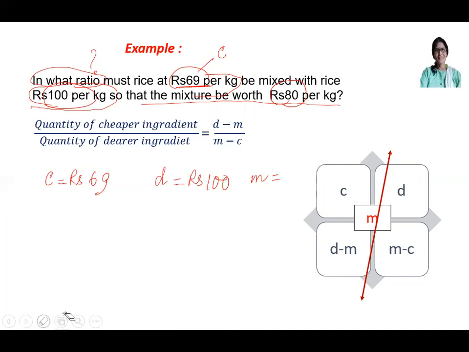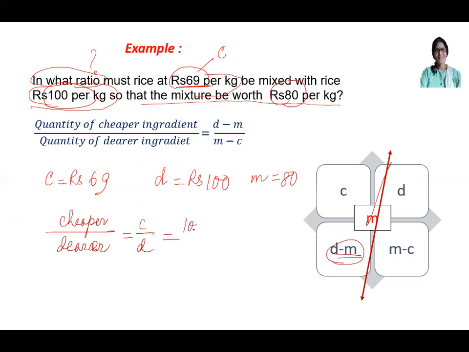I hope you can solve it within 1 minute now. So the ratio of cheaper upon dearer, C by D, is equal to D minus M upon M minus C. D is 100 minus M 80, upon 80 minus 69.